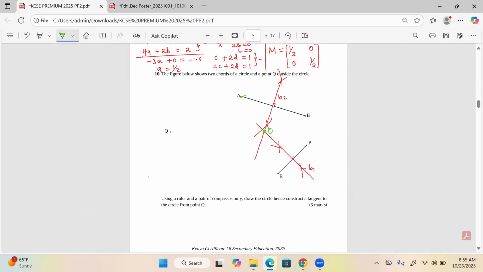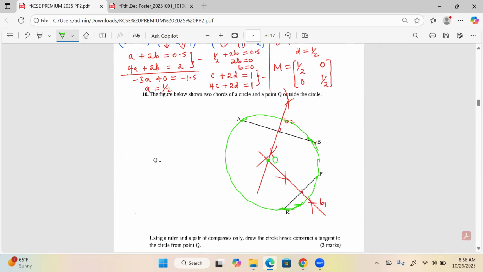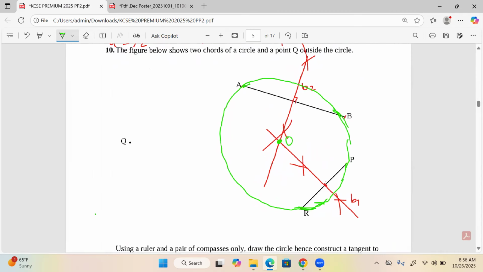Want to curve it so well and slowly. Yeah, something like that. So that's how the circle should behave.